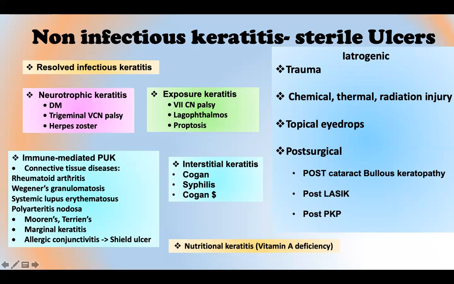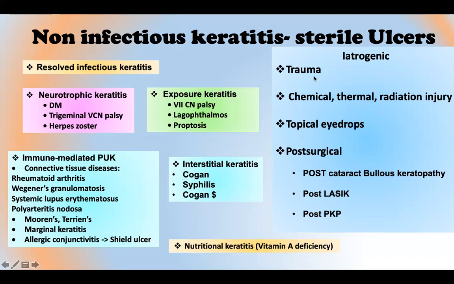It can be immune mediated. It can be Mooren's, it can be Terrien's, it can be marginal keratitis, it can be allergic conjunctivitis, vernal keratoconjunctivitis, shield ulcer. All these ulcers are sterile.